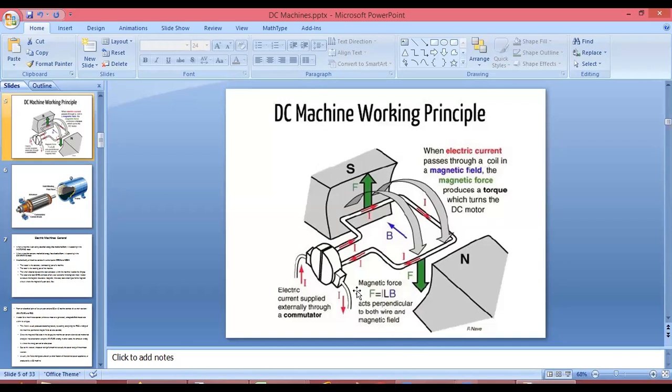So force will be perpendicular to that magnetic field. When we give the electric current, it is supplied externally through the commutator. When we give the power supply, we can apply electric current externally through the commutator.